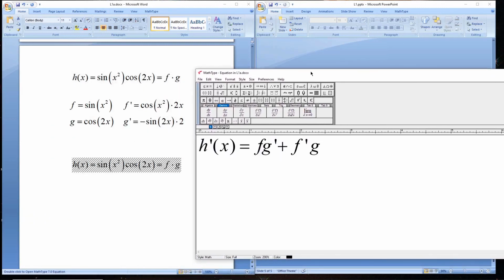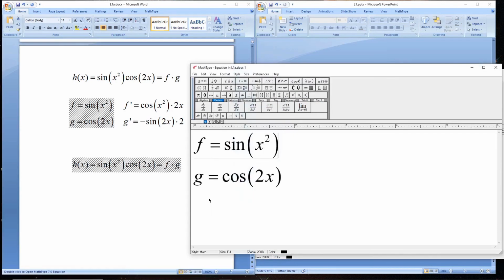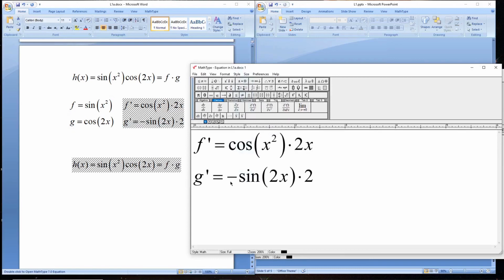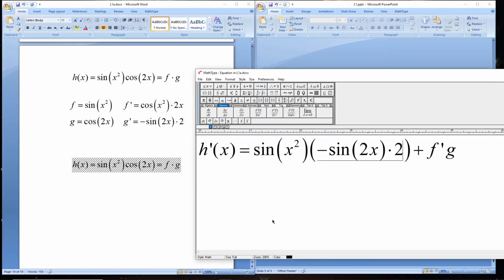And we're now going to stick our information in. So what is f? f is sine of x squared. So let's plug that in for f. There it is. g prime. g prime's got a minus sign in there, so I'm going to need parentheses to make sure it doesn't look like subtraction. So there's g prime. Stick that in.